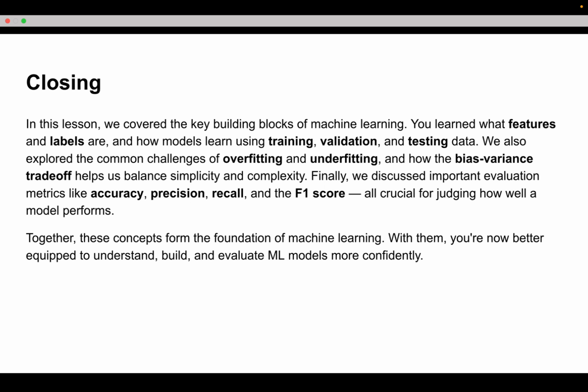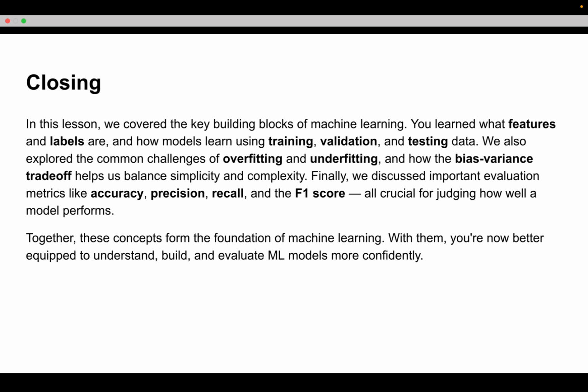Conclusion. In this lesson, we covered the key building blocks of machine learning. You learned what features and labels are and how models use training, validation, and testing data. We also explored the common challenges of overfitting and underfitting and how the bias variance trade-off helps us balance simplicity and complexity.